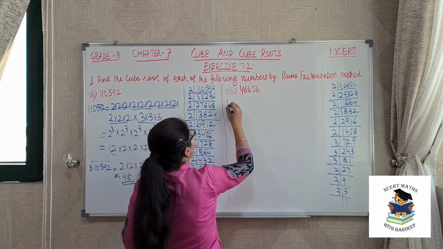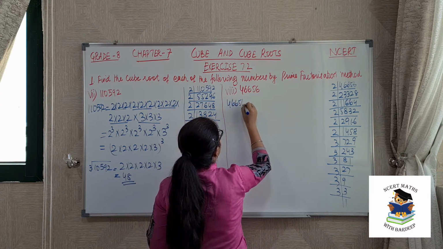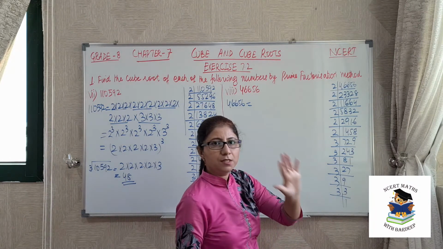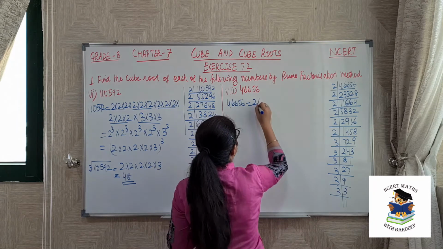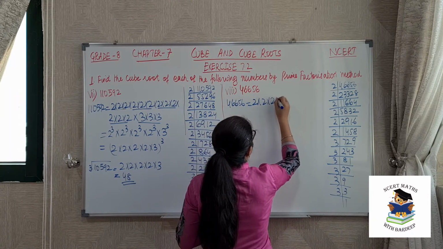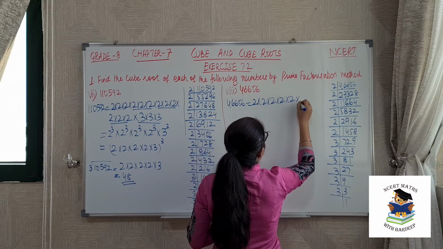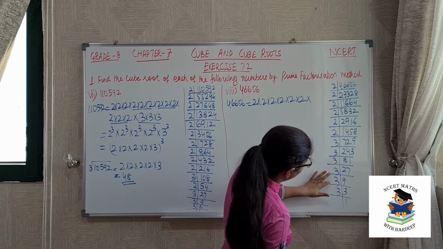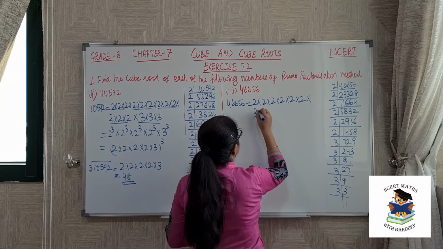Okay. So 46656 can be written as 1, 2, 3, 4, 5, 6, that is 6 times 2, and then 1, 2, 3, 4, 5, 6, 6 times 3 also.